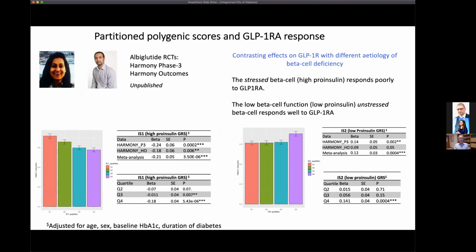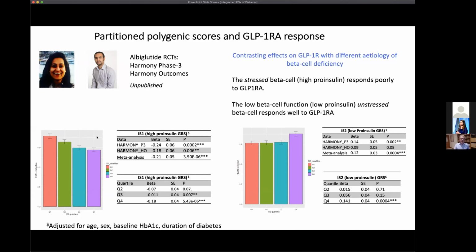What Adem Dawed has done with Anubha Mahajan is look at what we call partitioned polygenic scores. So look at all the SNPs that sum up to make each of these different genetic subtypes, and then look to see how they impact on response. And we've looked here at GLP-1 receptor agonist response, and we have access to a number of clinical trial data sets. We have the Harmony phase 3 and Harmony outcome studies here.